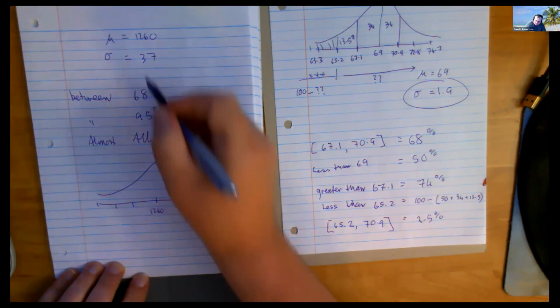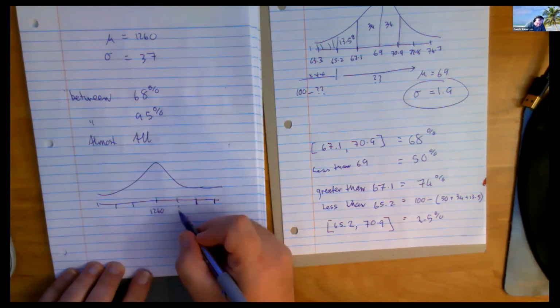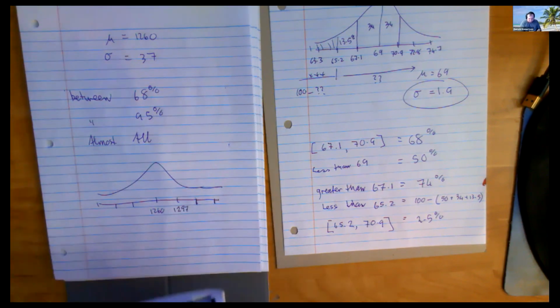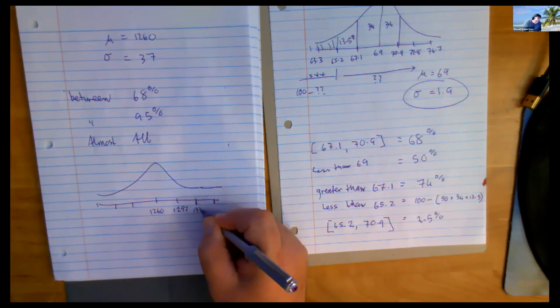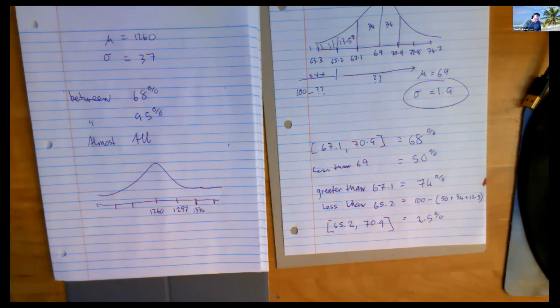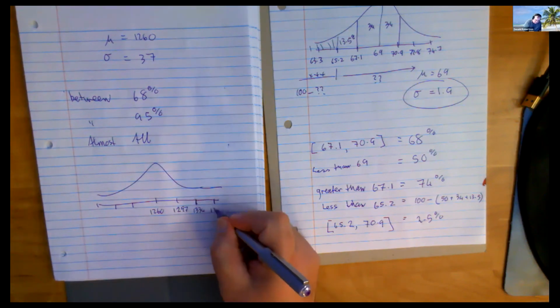And then you just continue add 37s. So that's 1297. Again, I'll do that in a calculator for safety. 1260, add 37. Right, add another 37. That takes me to 1334. And add another 37. Takes me to 1371.